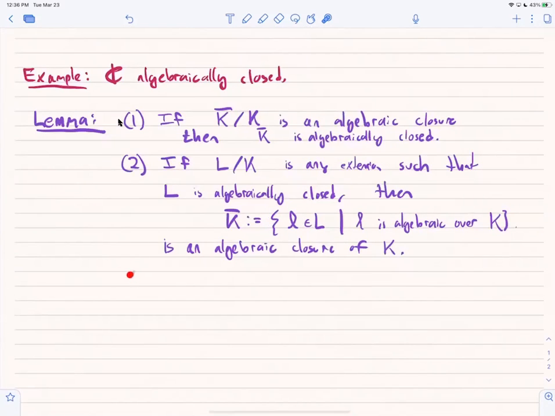And let me just add to this lemma something. Okay, I'm going to leave it like that. Also write proof. So 2 was last time, and 1 I'll just leave as an exercise.